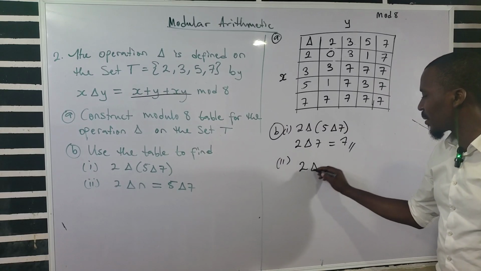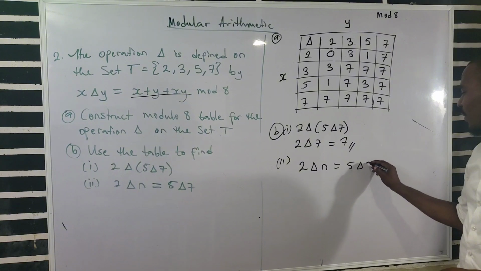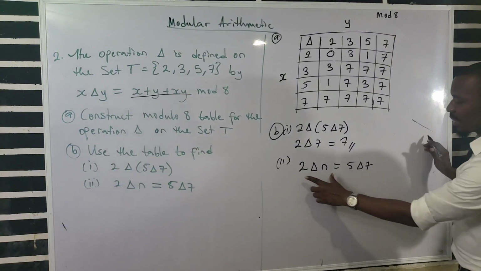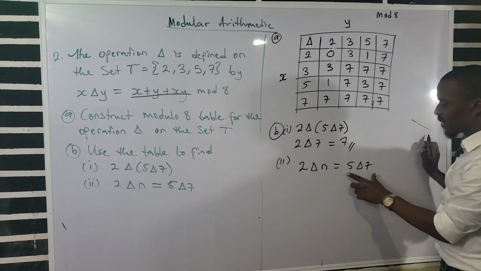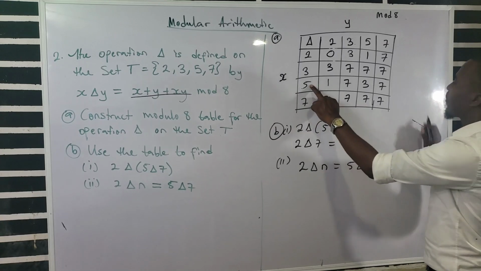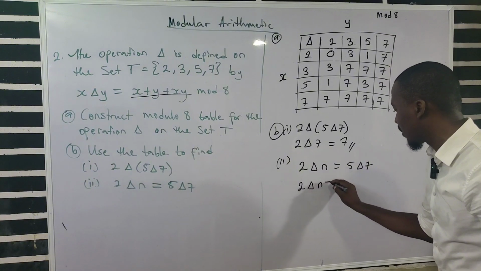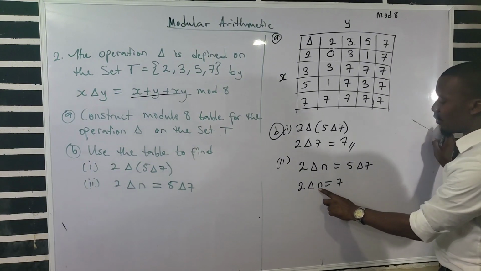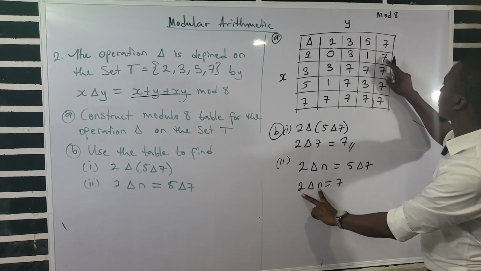Then II, we are looking for N. 2 binary N will give us 5 binary 7. So which number will I combine with 2 to get the same thing that 5 will combine with 7? So 5 combined with 7 is 7. So 2 binary N to give us 7. So what will I combine with 2 to get 7?